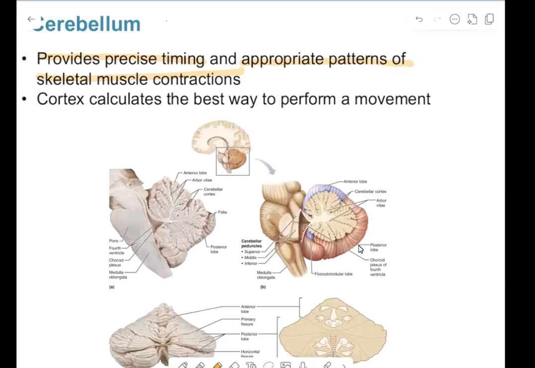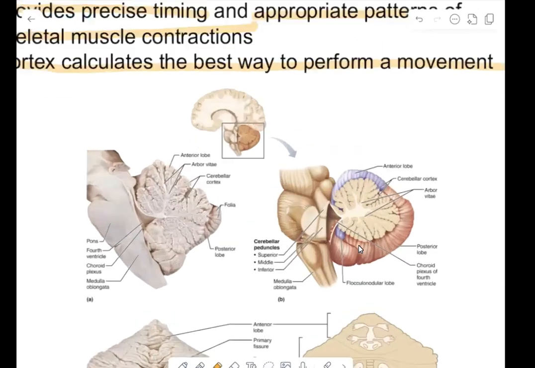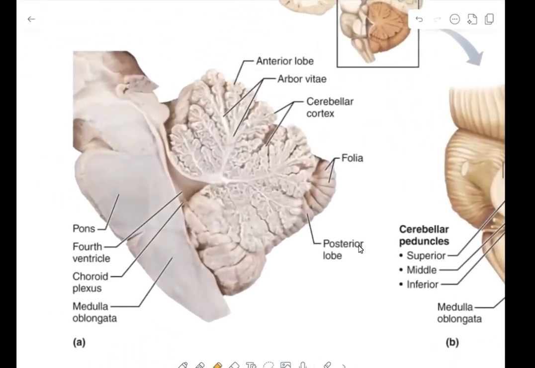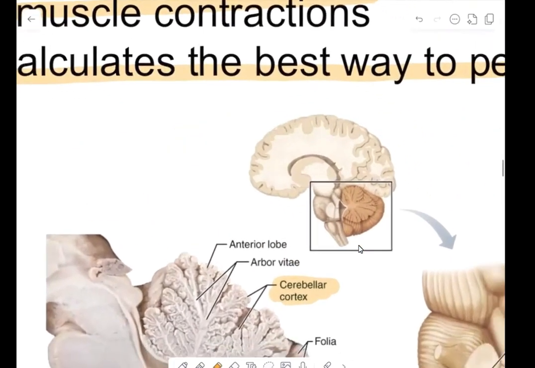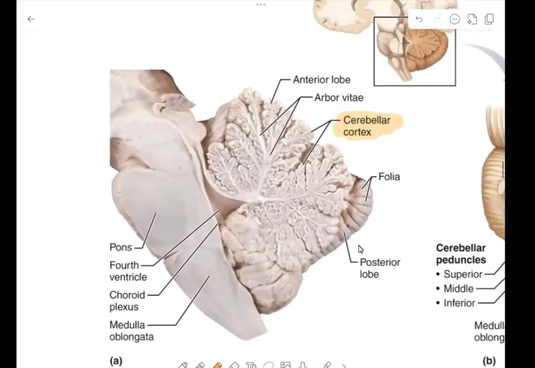It plays a major role in balance, and the cortex of the cerebellum calculates the best way to perform a movement. Some of the parts of the cerebellum that we see here are the cerebellar cortex, which is what calculates the best way to perform a movement.